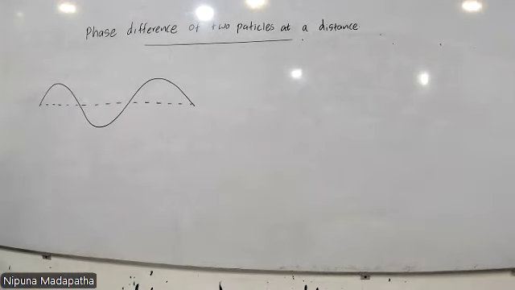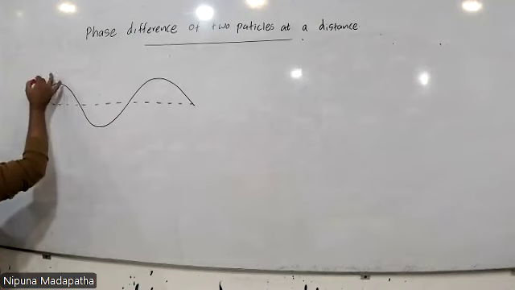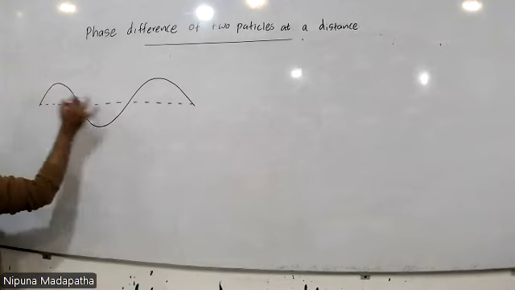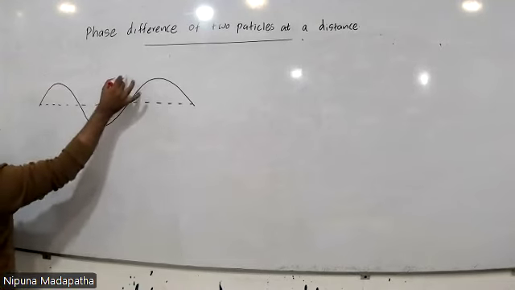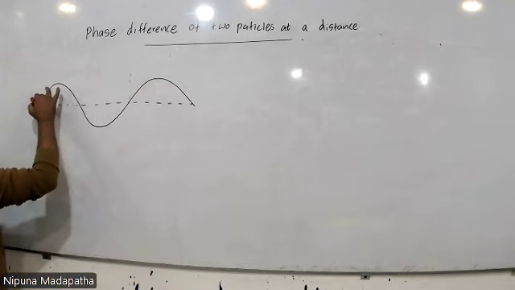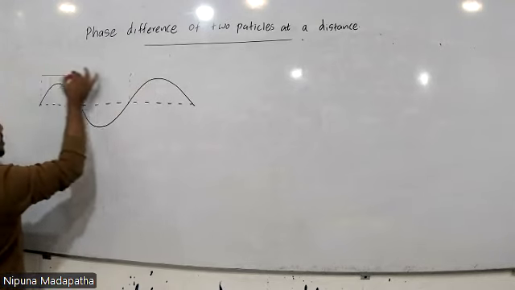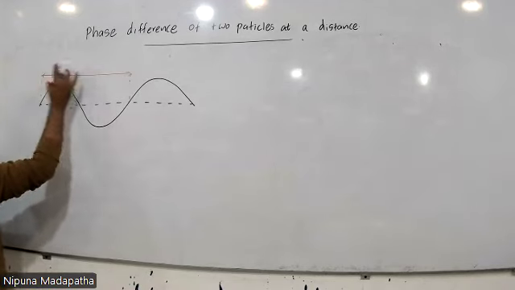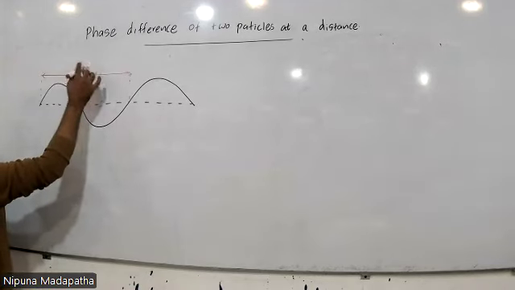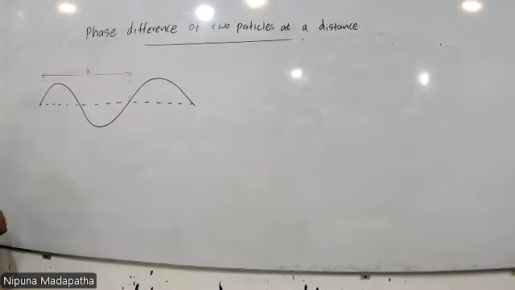Suppose the wavelength of this wave is lambda. The distance between these two points is lambda.